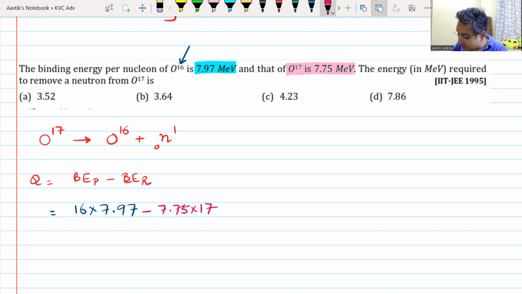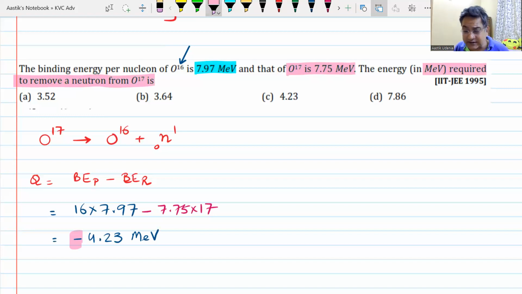The answer that you will get is minus, I think 4.23. You will have to do the calculations on your own. This minus sign indicates that energy is required to remove the neutron.